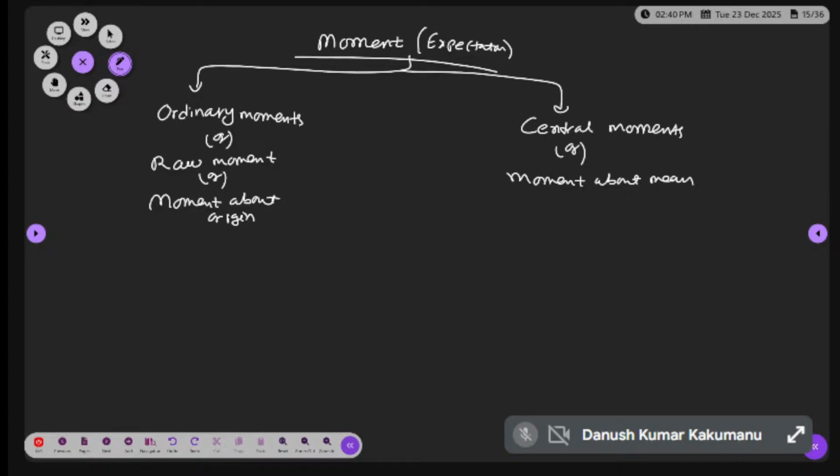E of x, E of x square, E of x cube, and so on, E of x power of n. These are all called ordinary moments.